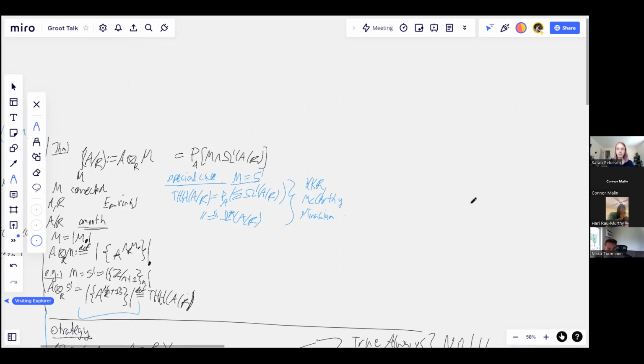I guess the right-hand side is pretty computational, but how do I think of the left-hand side of the theorem?